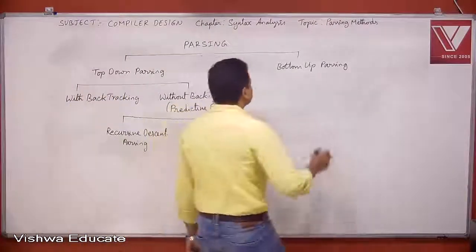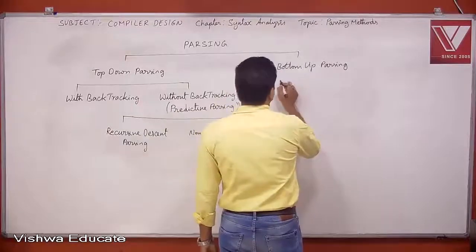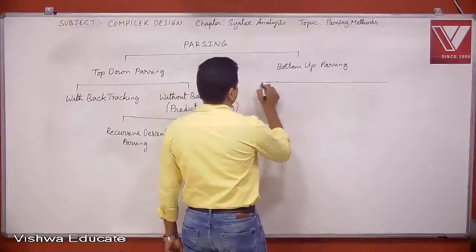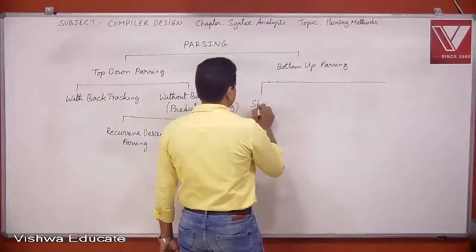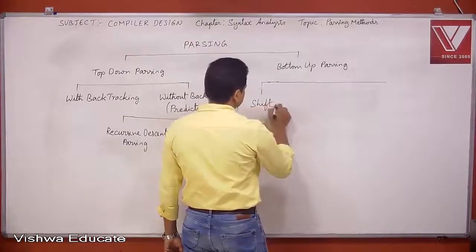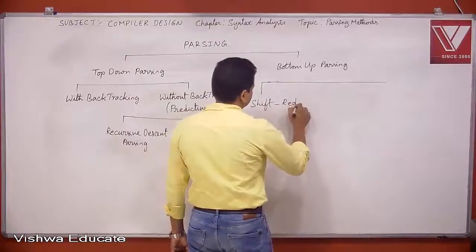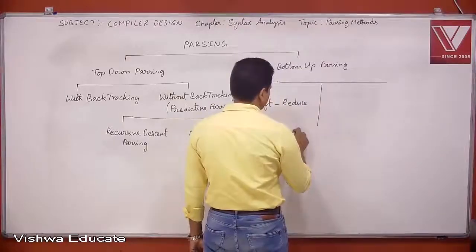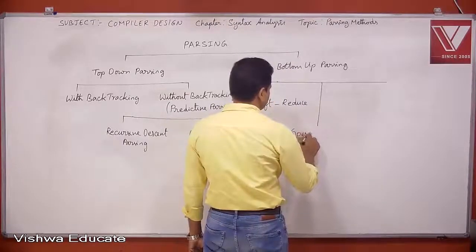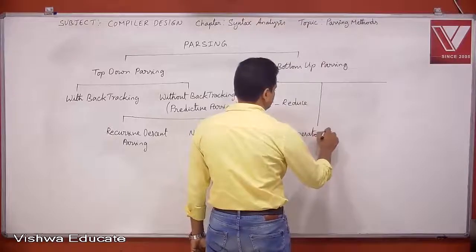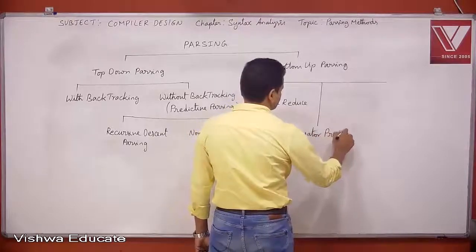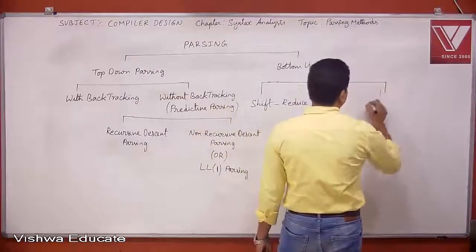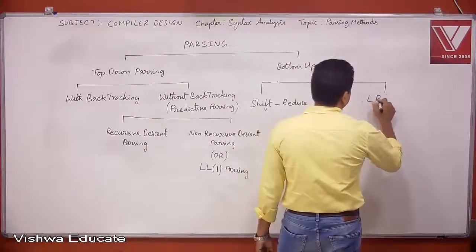And coming to bottom up, here shift reduce parsing and operator precedence parsing and LR of K parsing.